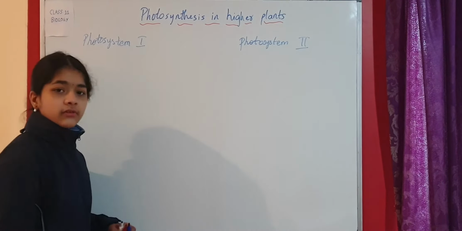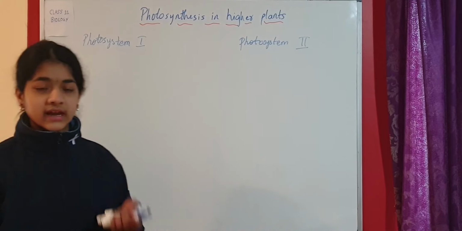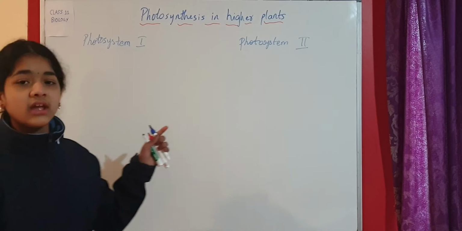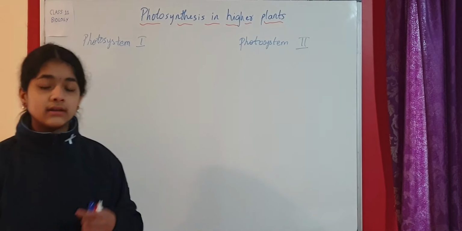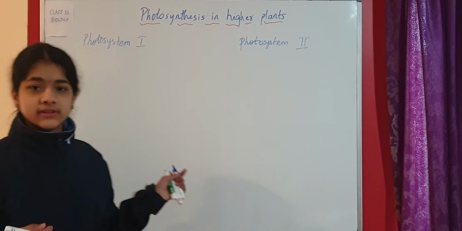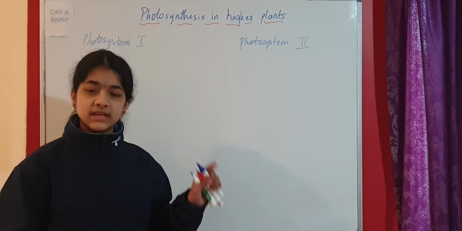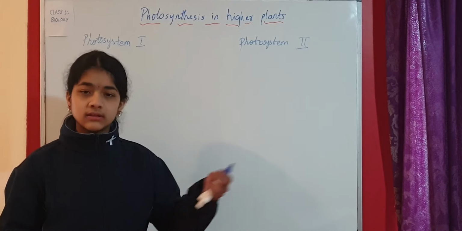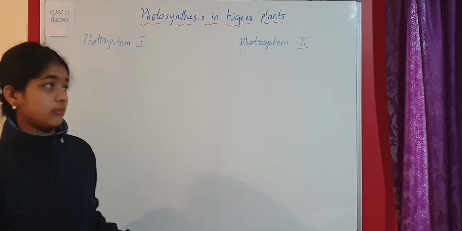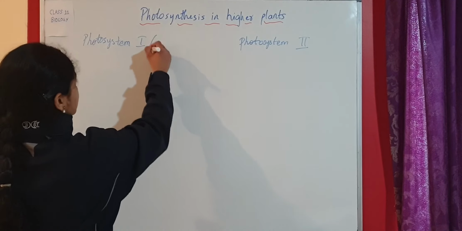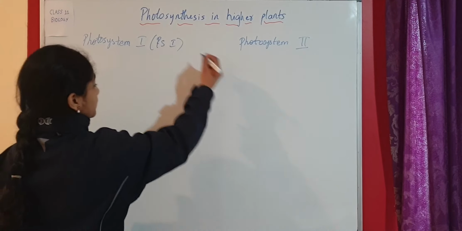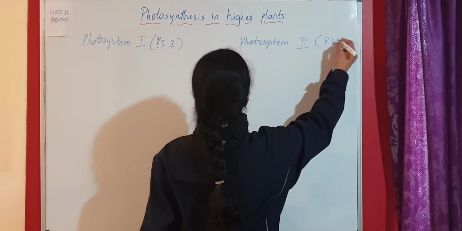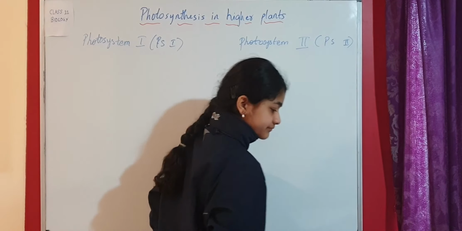So there are two types of photosystems present in the thylakoids, PS1 and PS2. The theory that two photosystems are present was given by Emerson in the form of Emerson's effect, and Wettrop. So photosystem 1 is also known as PS1, and this is called PS2.